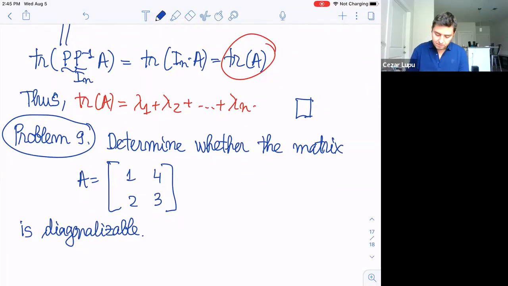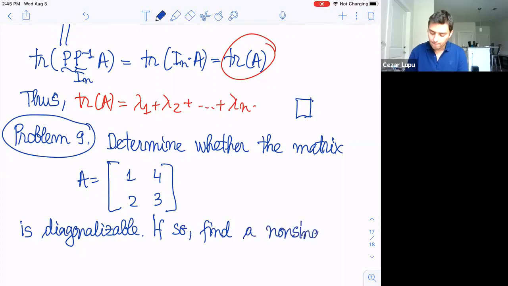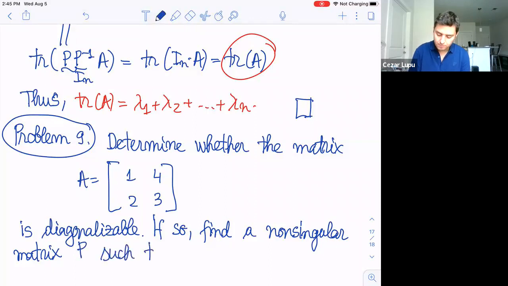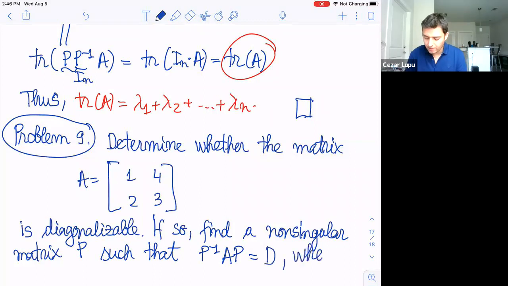If so, find a non-singular matrix, let's keep the notation P, such that P inverse times AP equals a matrix D, where D is diagonal.